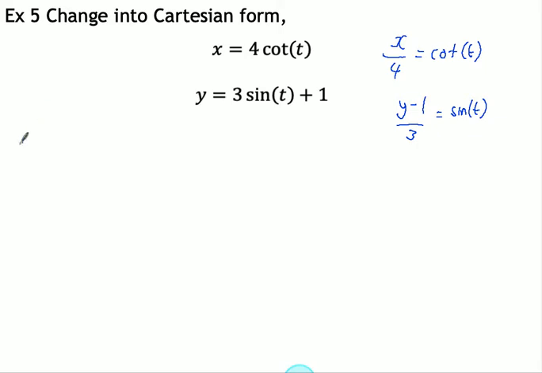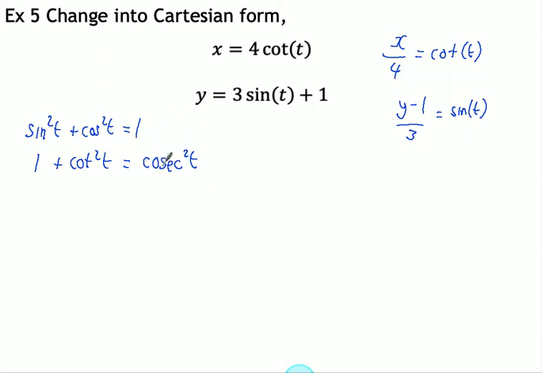Well, let's write down those identities again. So we've got sine squared t plus cos squared t equals 1. And from that we can get 1 plus cot squared t equals cosec squared t. Now if we look really carefully, we've got a cot and a cosec.